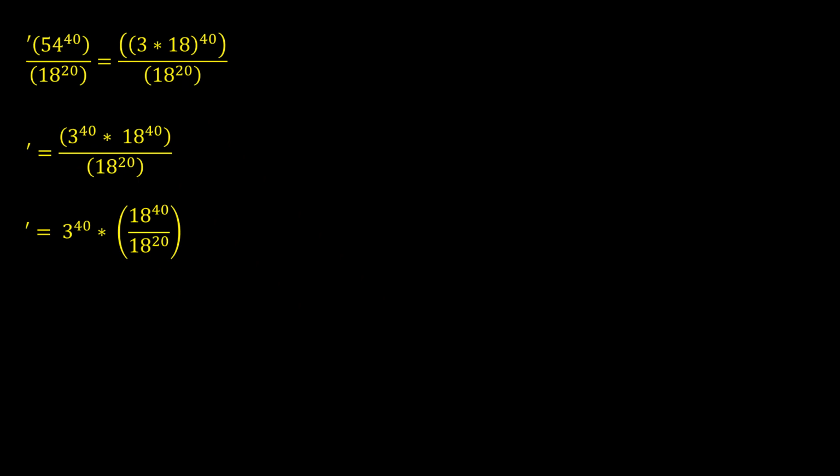Now, rearrange the expression so we have 3 to the power of 40 times 18 to the power of 40 divided by 18 to the power of 20.